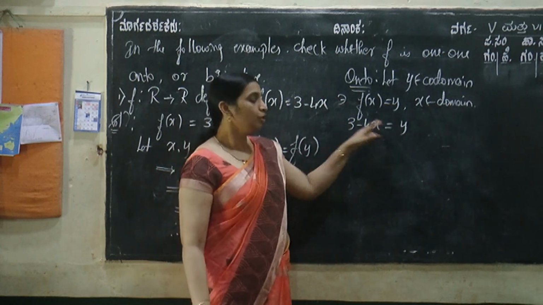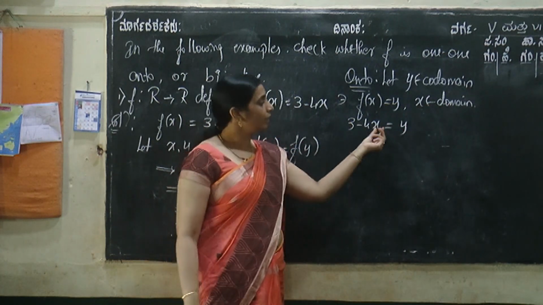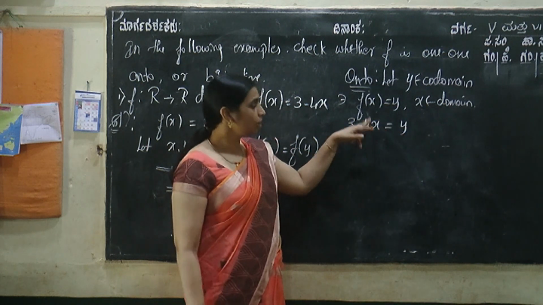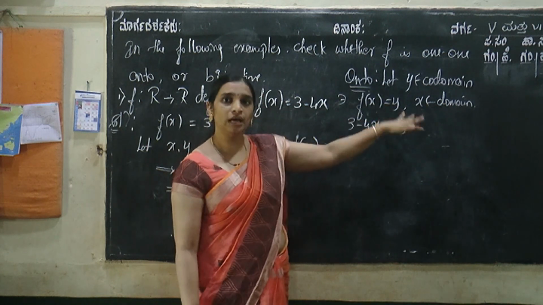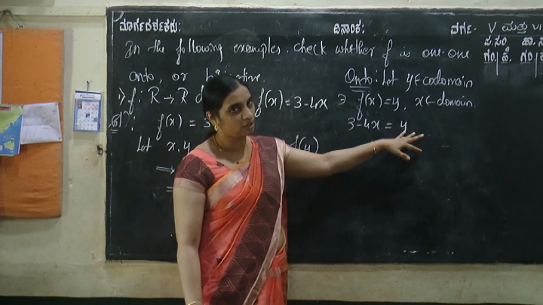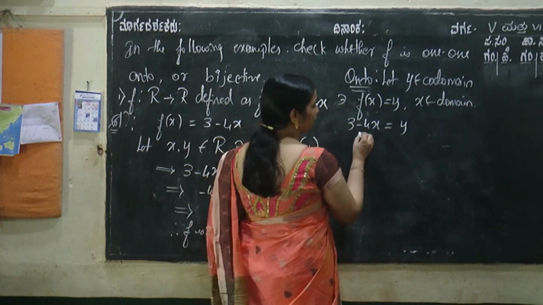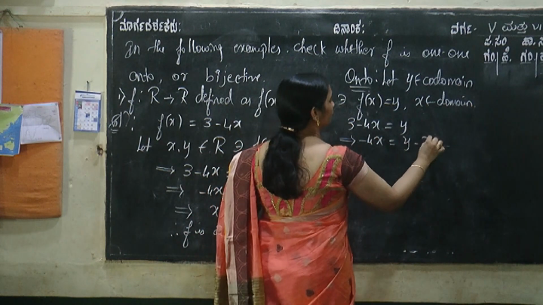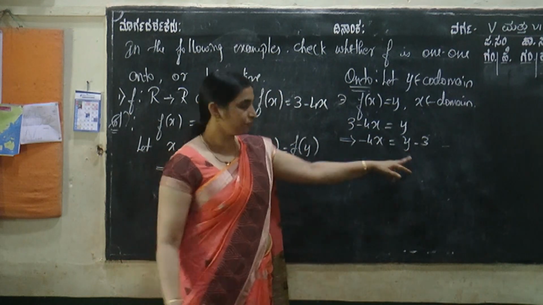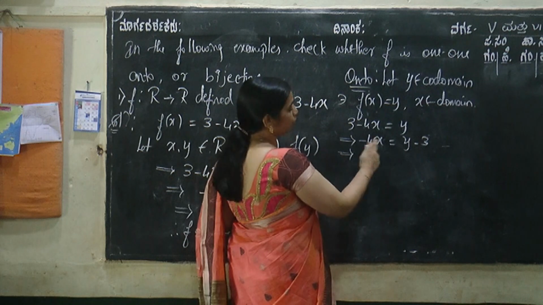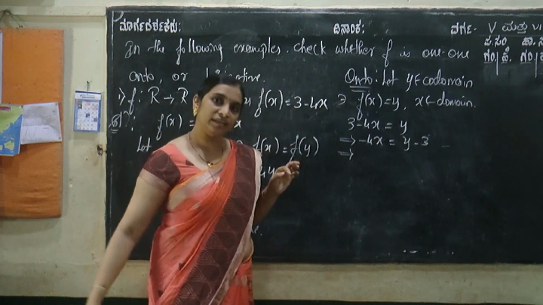Now using this definition, we will express x in terms of y. For that purpose, we will shift all constants except x to the other side. So what happens here? It will be minus 4x is equal to y minus 3. We need only x on the LHS, so we will divide both sides by minus 4.